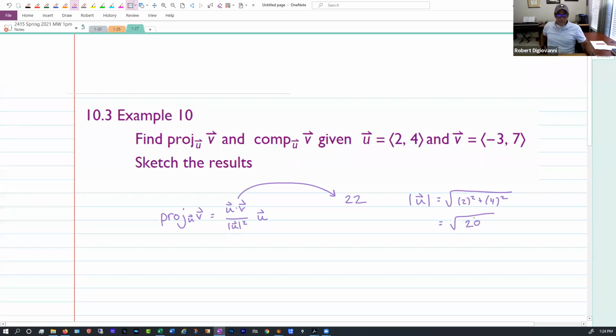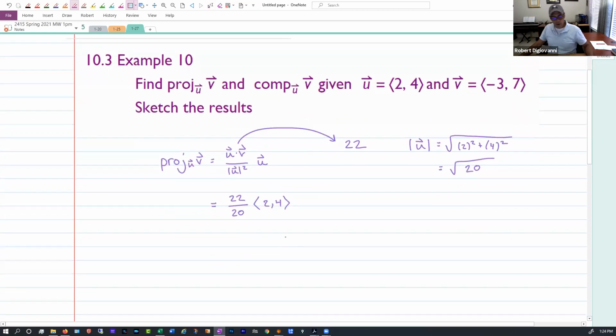We good? Okay, so this should be U dot V, which is 22, over the magnitude of U squared, which gives me 20, and then times the vector 2, 4. And then we can reduce it. So this is 11 over 10.